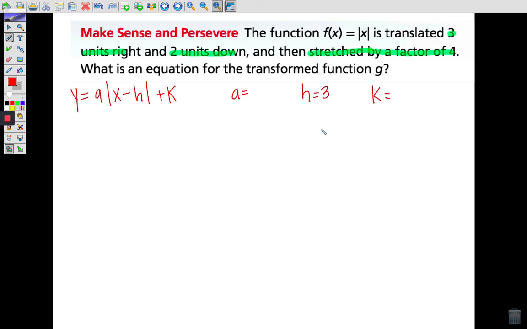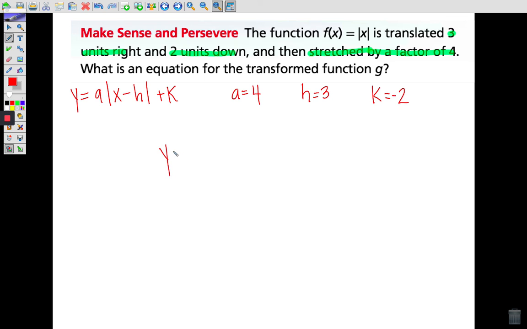We're translating to the right, so if you think about the right of your graph, that's the positive x values, correct? All right, now we're going 2 units down. Is that a, h, or k? k. And if I'm going down, what do you think it's going to be? Negative, right? And then stretch by a factor of 4, so that is your a value.